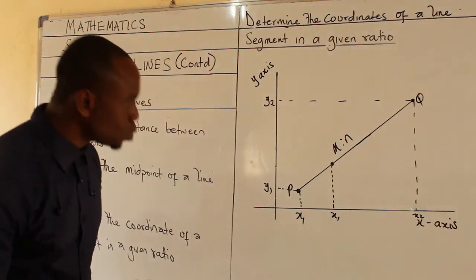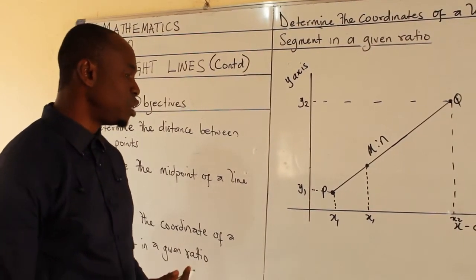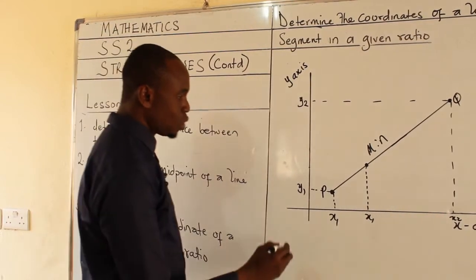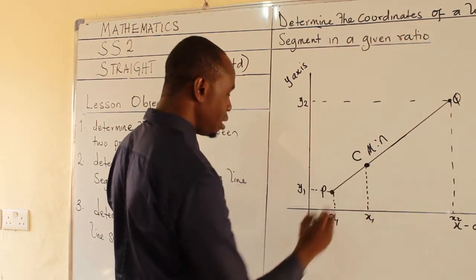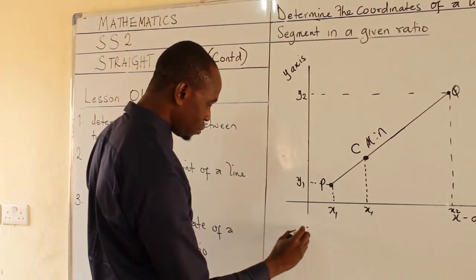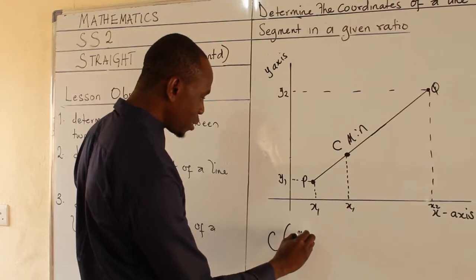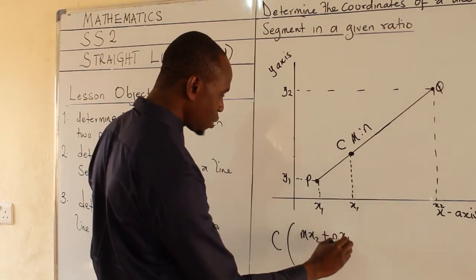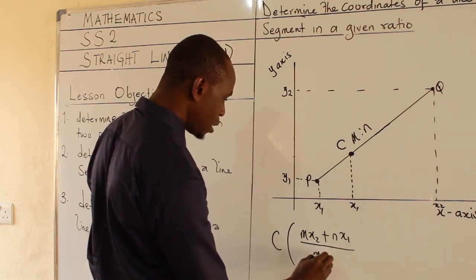So if we are told to divide this line PQ in the ratio of m is to n, then the coordinate of that point, let's say C, will be mx2 plus nx1 all over m plus n.